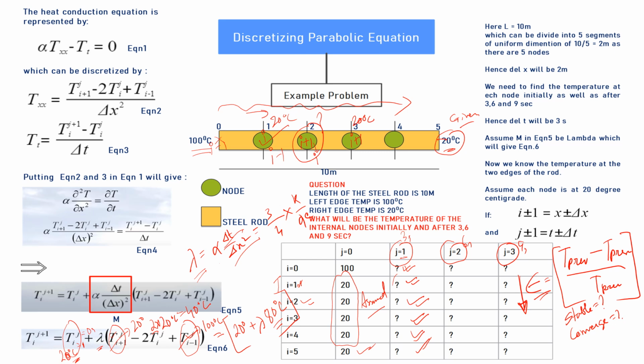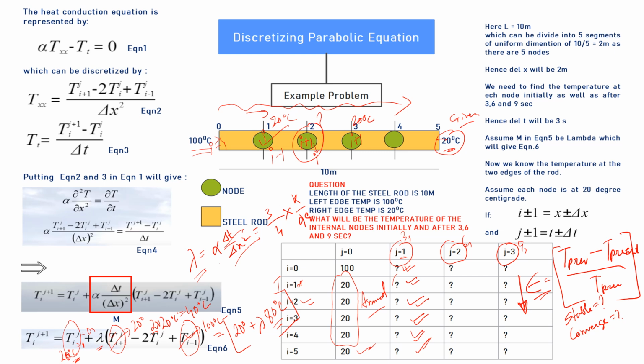Okay, and also to find out the t previous and t present, always remember that t present is the present iteration, t previous is the last iteration.